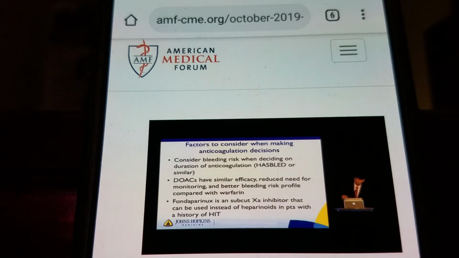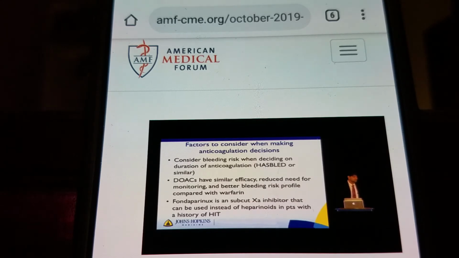And that's one of the reasons that for VTE treatment, DOACs, especially Apixaban, are considered a primary choice just because of bleeding risk. So factors to consider when making anticoagulation decisions: consider the bleeding risk, and especially in older patients who may have vascular disease. DOACs have similar efficacy, reduced need for monitoring, and a better bleeding risk profile in some situations compared to Warfarin.